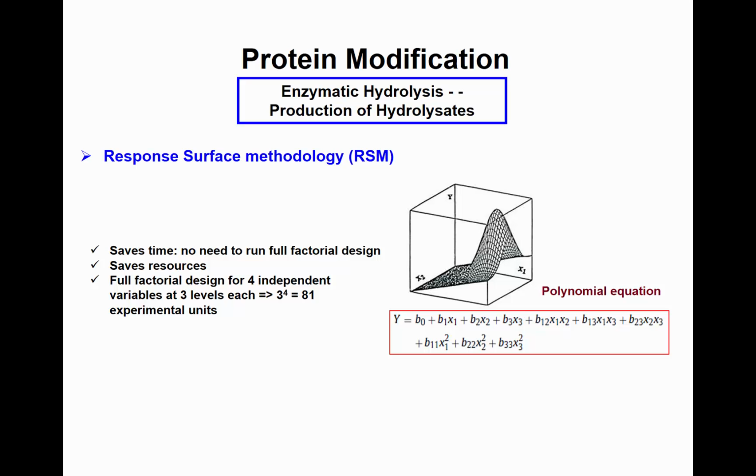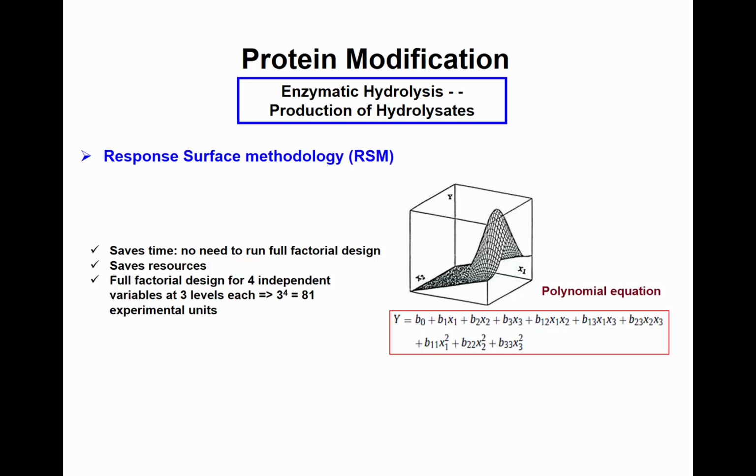With RSM, there are different types of designs that you can generate where it could be 24 experiments that you would do with different combinations of the factors and different replications. So instead of doing 81, you will end up doing 24 or 30 or 34, depending if you use plus or minus alpha.